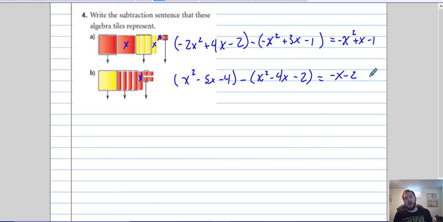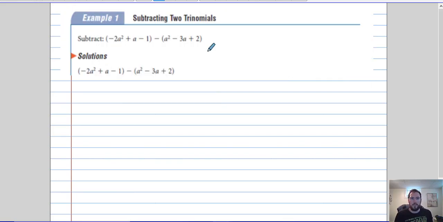Again, not too bad representing this algebraically or pictorially as algebra tiles, because the x squared I have is also what I'm removing. And the negative 2x squareds, I'm removing one of those negative x squareds. But what if instead of being asked to remove something you already had, you were asked to subtract something that wasn't there already? So what I mean by that is, what if I asked you to do this one? Negative 2a squared plus a minus 1, subtract a squared minus 3a plus 2.